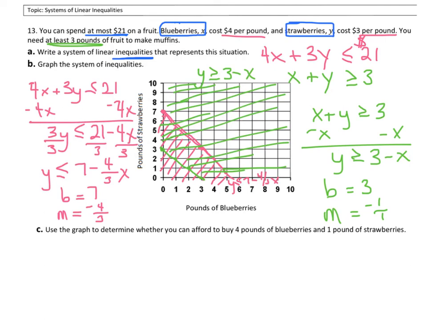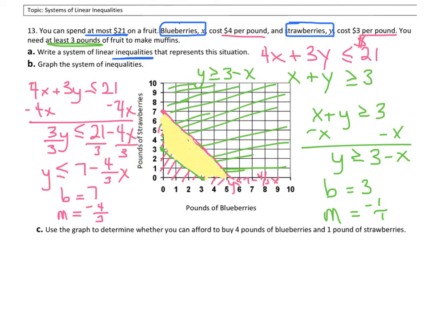So now my intersection zone, or the solution zone, if you will, is this area right in here. So I'm going to go ahead and color that in. So anywhere between those two lines is really a point that would represent the intersection.